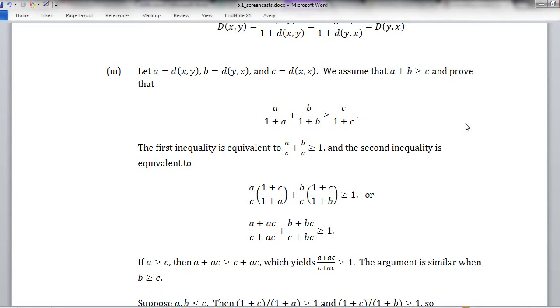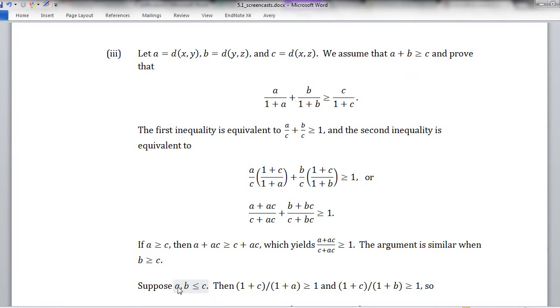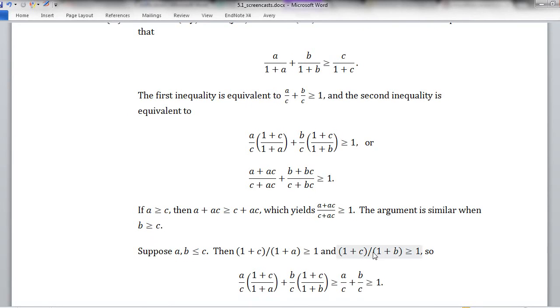How about if neither of them is? In other words, a and b are both less than or equal to c. This time I'm aiming for this version of the inequality. Since a is less than or equal to c, that means my denominator here is smaller than my numerator, so the fraction is greater than or equal to 1. And similarly for the same fraction with b in the denominator instead of a. So each of these fractions is greater than or equal to 1.